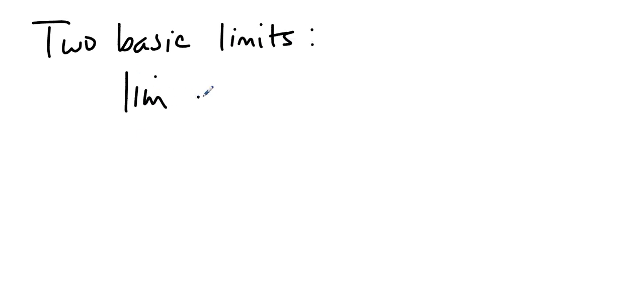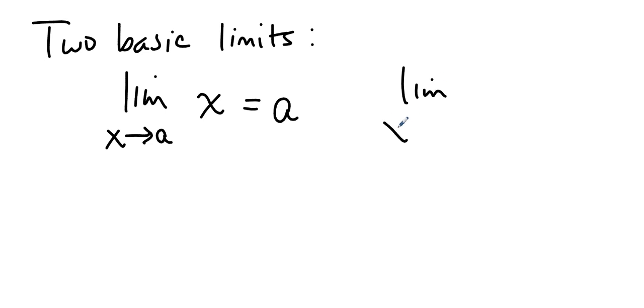One is that the limit of the function x as x approaches a is in fact a, and the other is that as x approaches a, the limit of some constant function c is c. Both of these are self-evidently obvious.